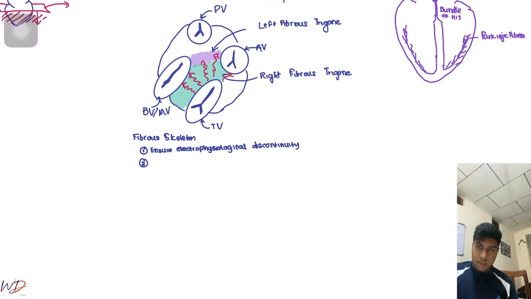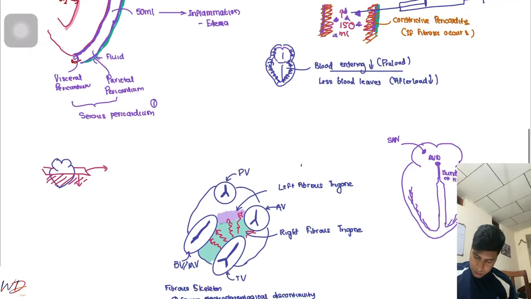The second one is a stable base for attachments. These are the two functions. Because as you know, fibers are thick and hard structures.